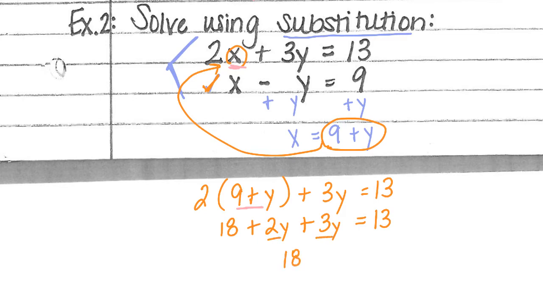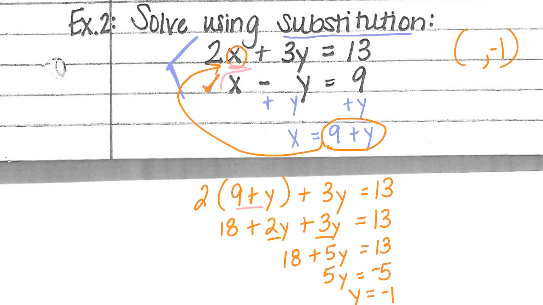Add like terms. 18 plus 5y equals 13. Subtract 18 over: 5y equals 13 minus 18, which is -5. So y equals -1.